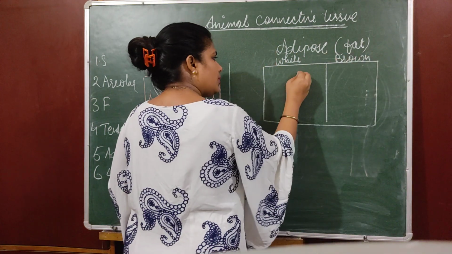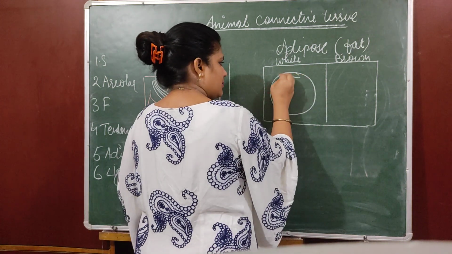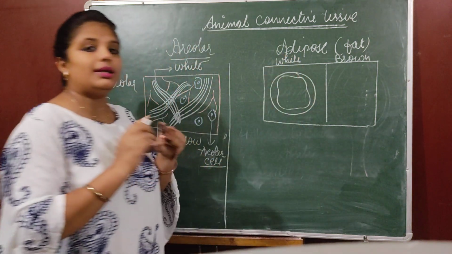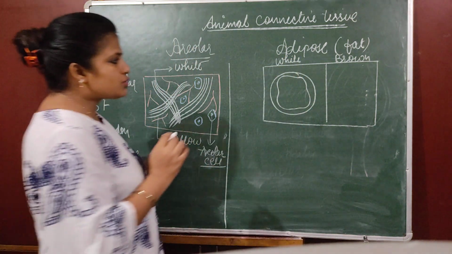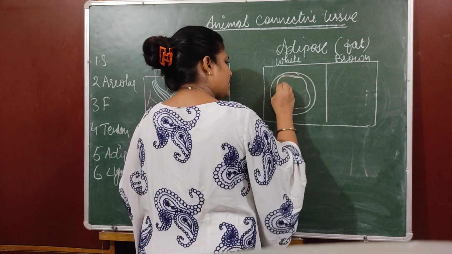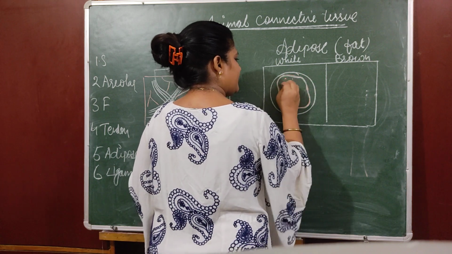Generally they are bigger in size, and they are bigger in size because of the larger vacuole. Most of the part is surrounded by this vacuole. This is the entire vacuole which stores fat.